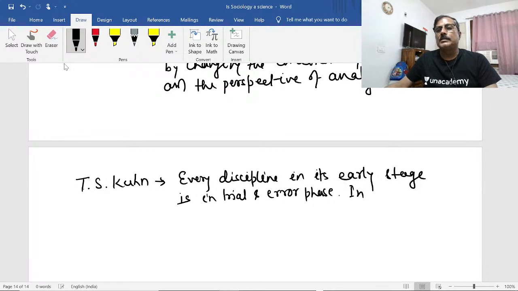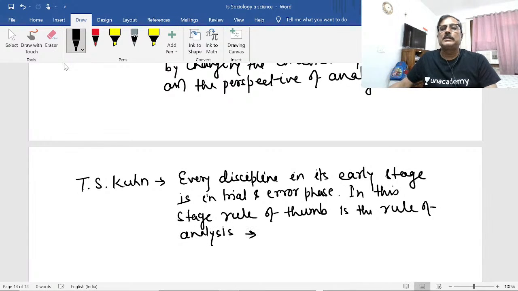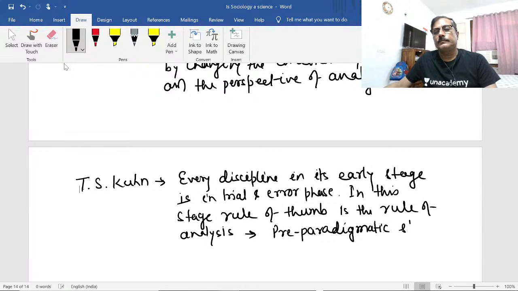In this stage, rule of thumb is the rule of analysis, and this he calls the pre-paradigmatic stage.